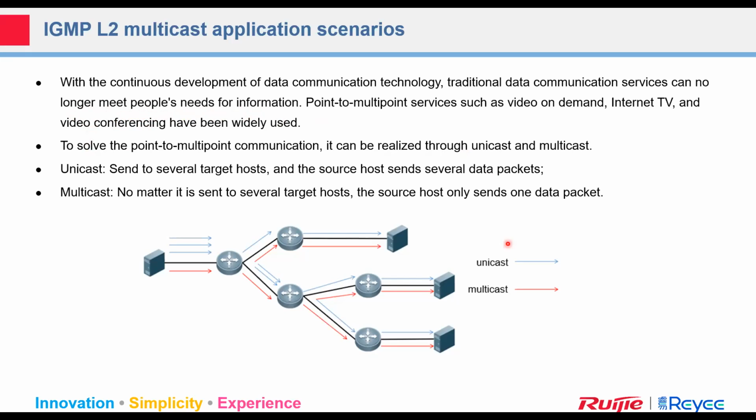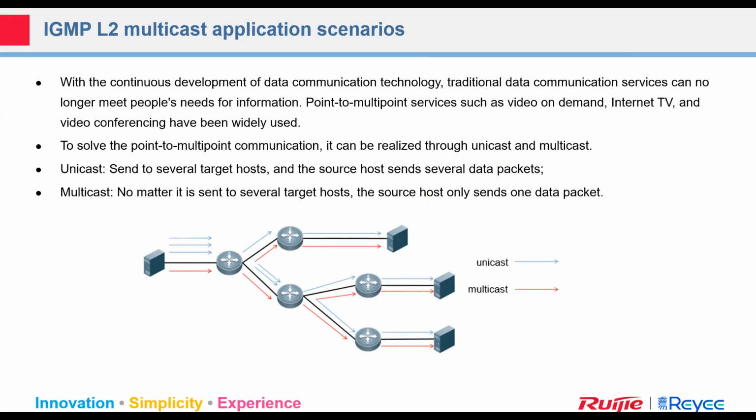The multi-point services right now, such as radio on demand, IPTV, and video conferencing, are widely being used. To solve this point-to-multipoint communication, this can be realized through unicast or multicast.